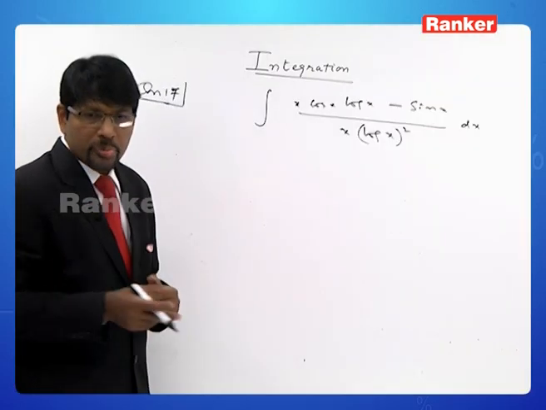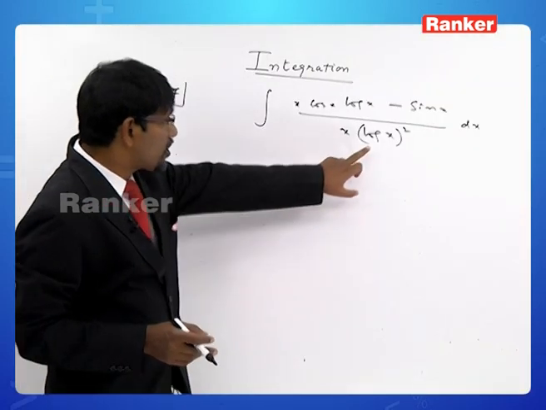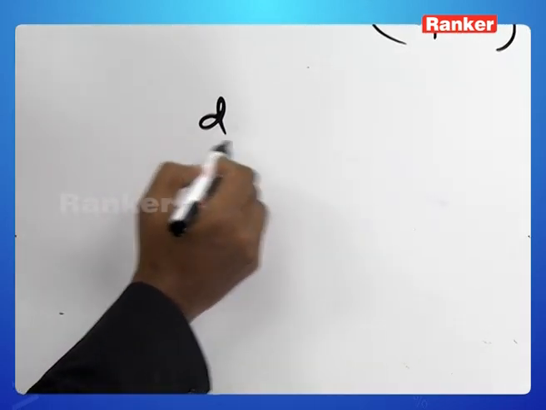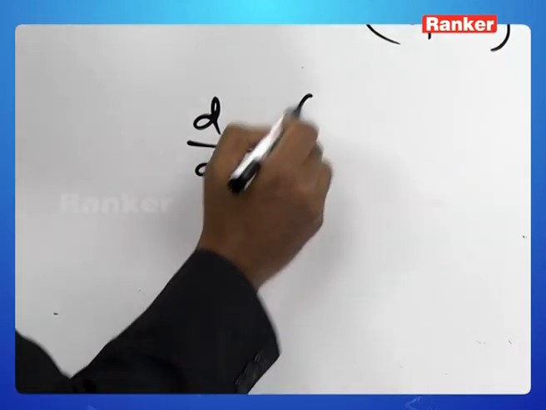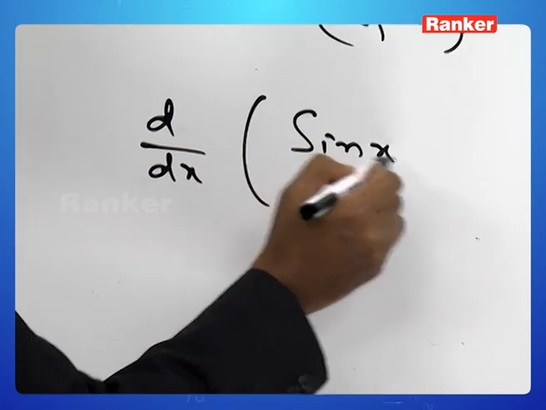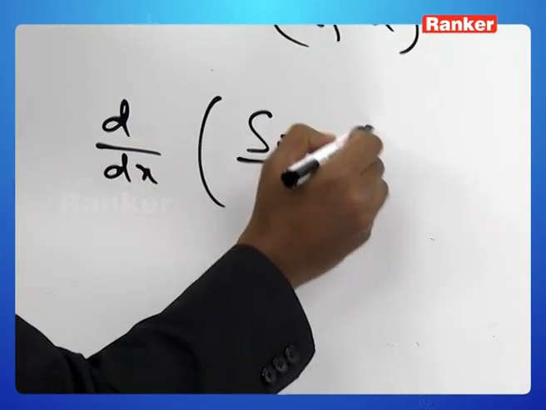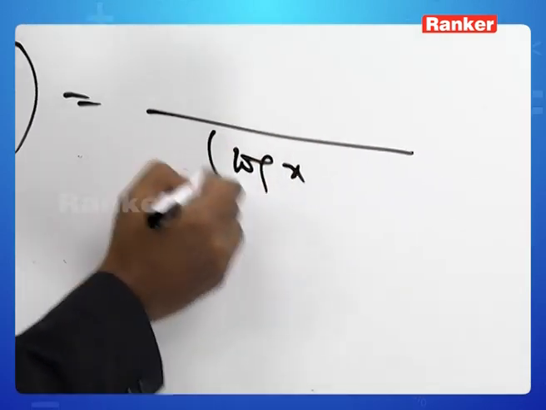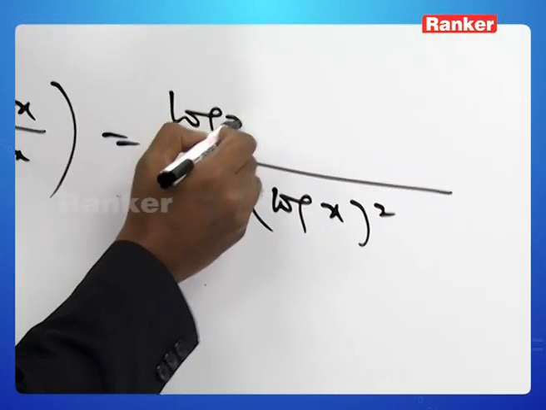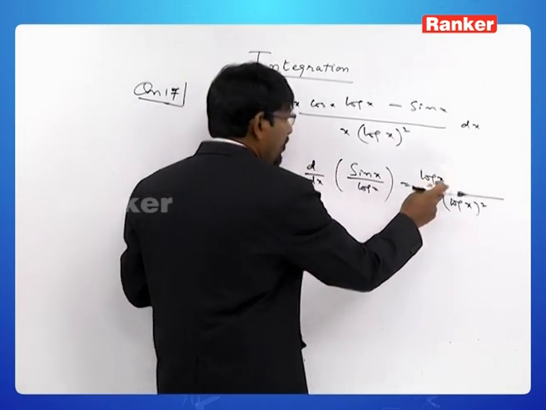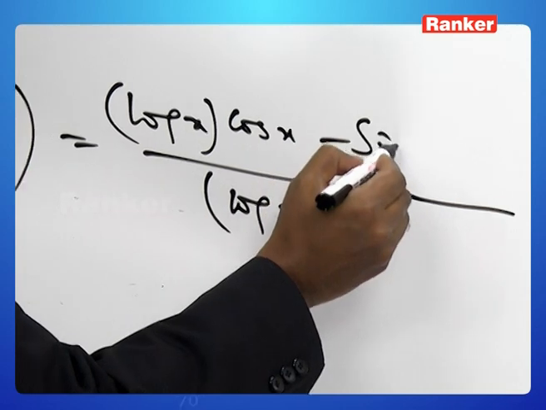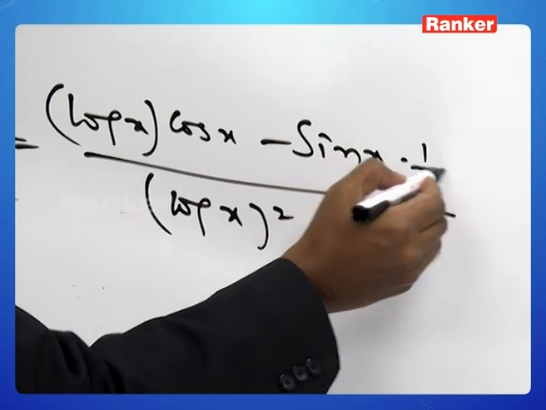Now we will go by the options actually, it is simple because it appears to be the derivative of d by dx of sin x by log x. Let us consider this. It is clearly log x whole square, log x into the derivative of sin x, that is cos x, minus sin x into the derivative of log x, that is 1 by x.